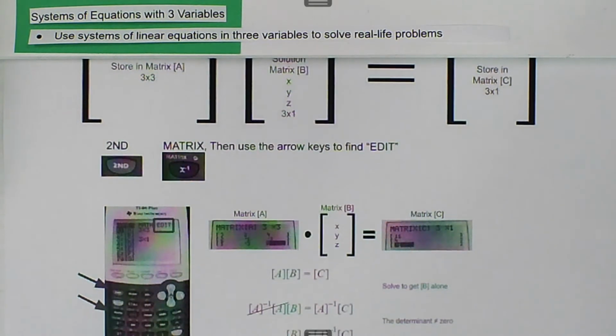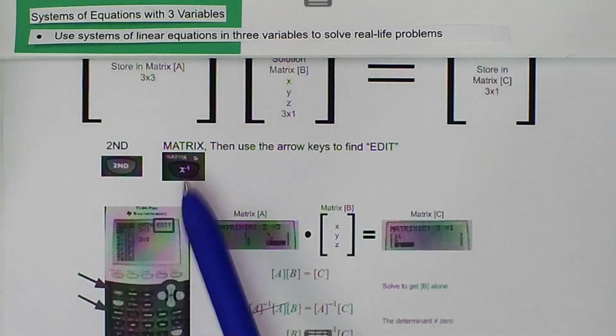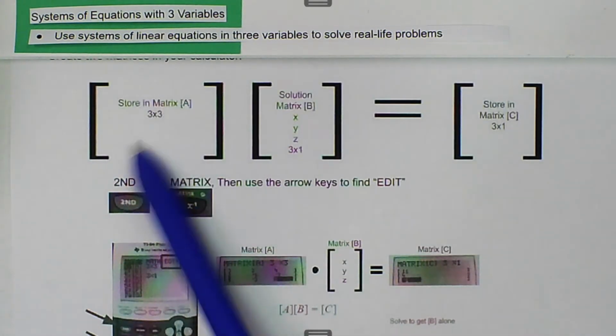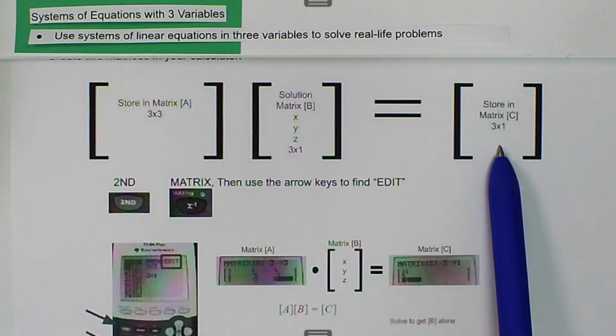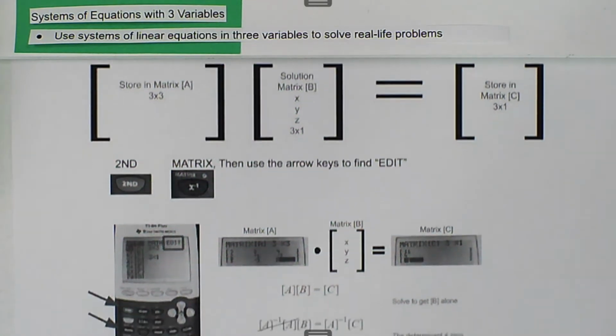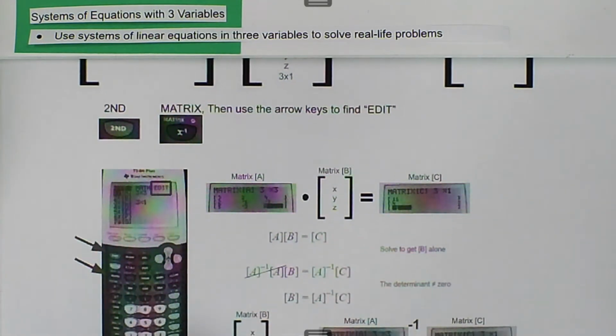And then you'll be able to enter in the matrix that you want for A, because we'll have those values. And then you'll be able to enter in the values that you want for C. And then when you go to type it in, what you should end up with is A matrix inverse times C, and then that will give you your answer.